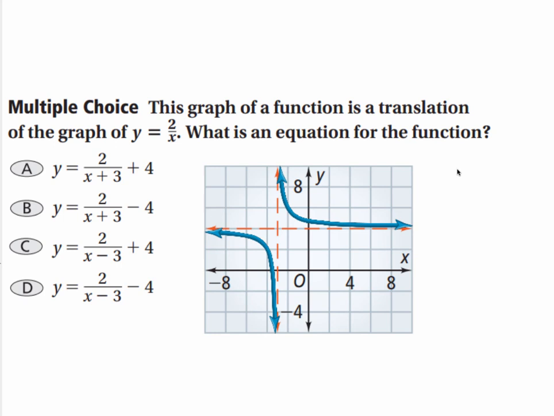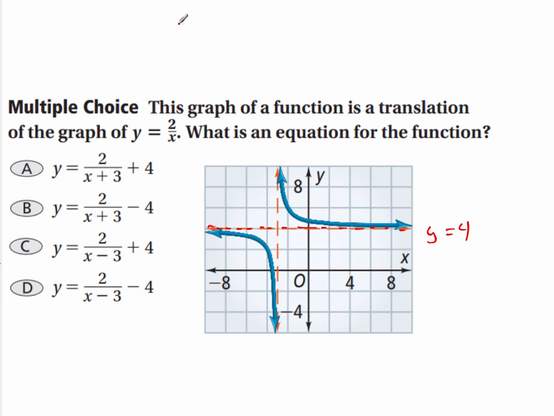Now I really like this problem because it seems like we're working backwards. If I give you a graph and I tell you it's a translation of the function y is equal to 2 over x, can I find the equation? Well, sure. I just need to analyze where my asymptotes are. I have a horizontal asymptote. Let's see, this is 2, 4, 6, 8. So I have a horizontal asymptote of y is equal to 4. And it's positive.